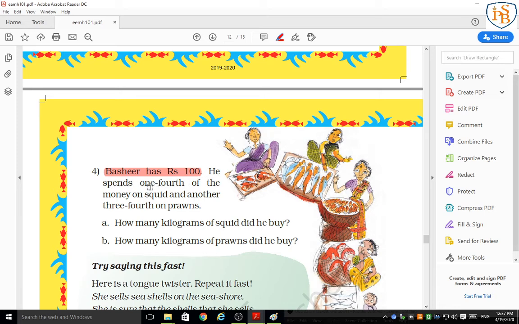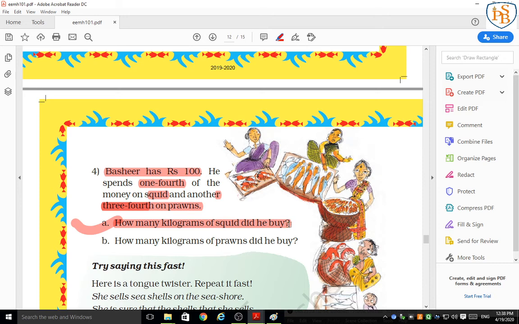He spends 1/4 of money on squid and another 3/4 on prawns. How much on prawns? 3/4 on prawns and 1/4 on squid. Total how much money does he have? Only 100 rupees. Now the question is, how many kilograms of squid did he buy?